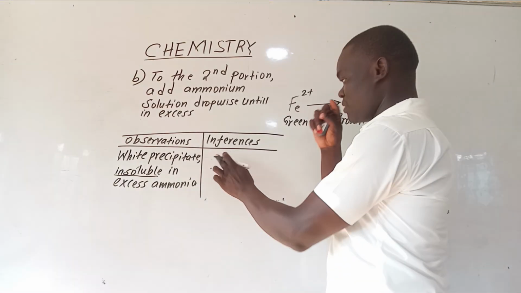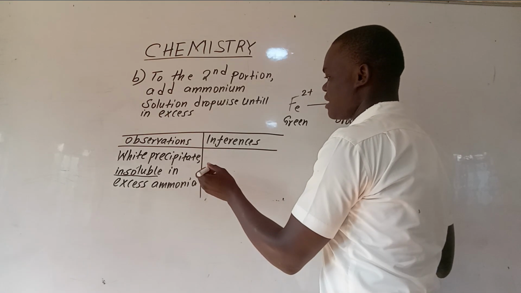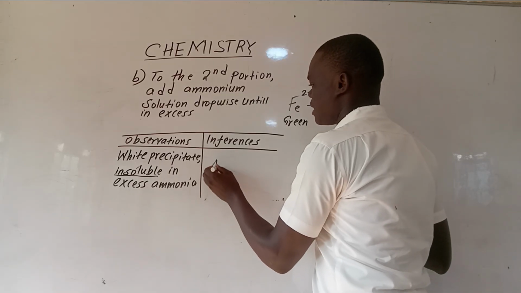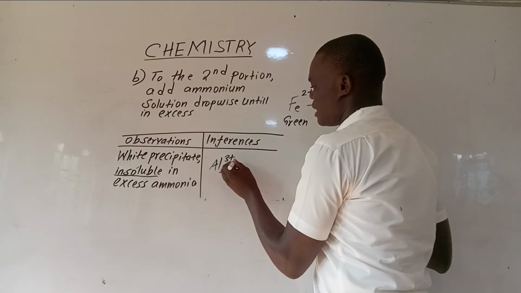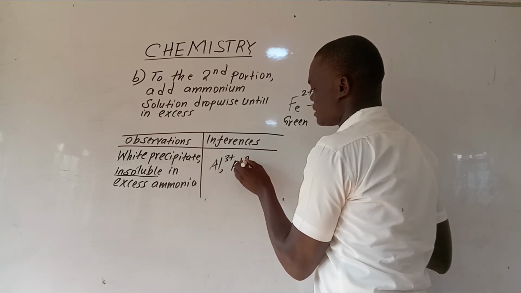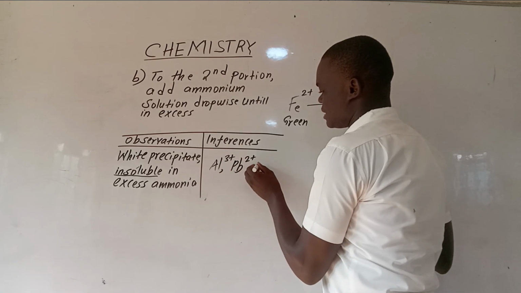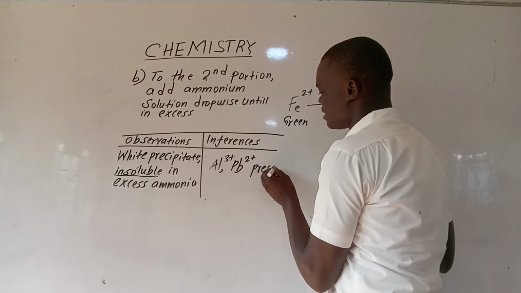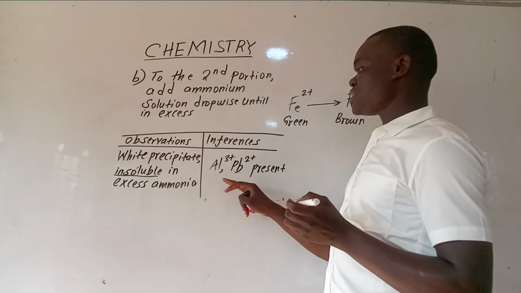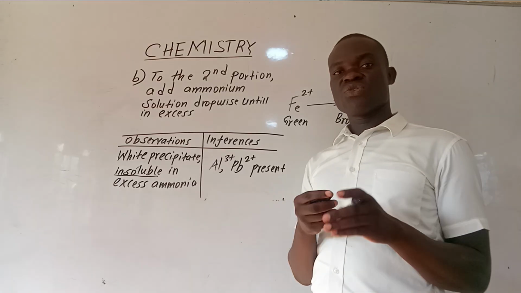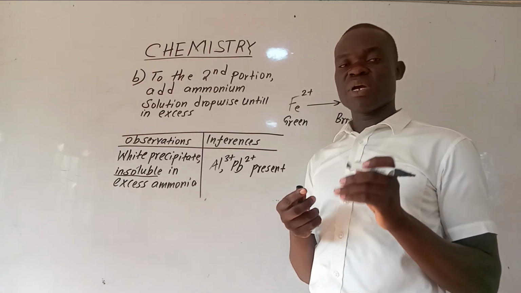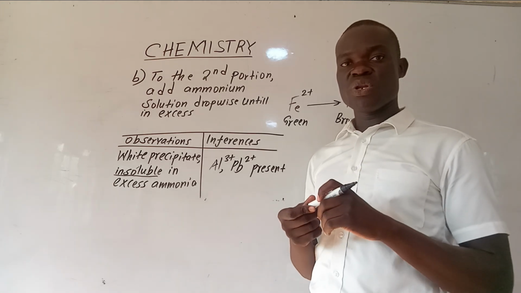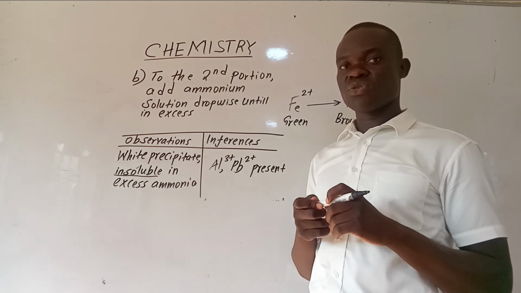then we mention only two out of the three amphoteric ions, that is aluminium ion, lead ion present. Because out of the three, only these two are insoluble. They form white precipitate that is insoluble in excess ammonium solution.